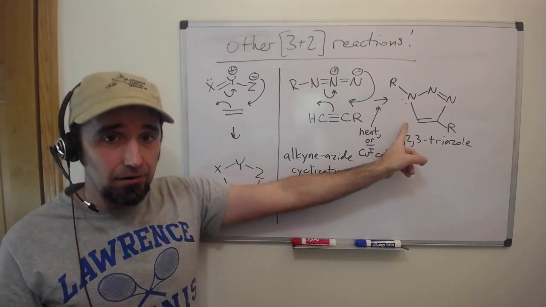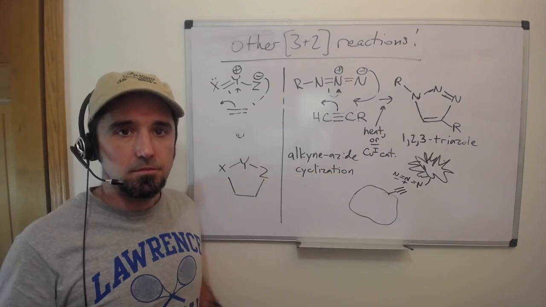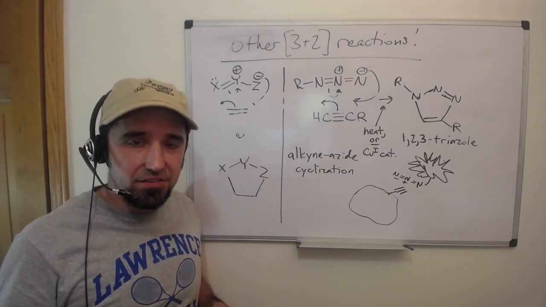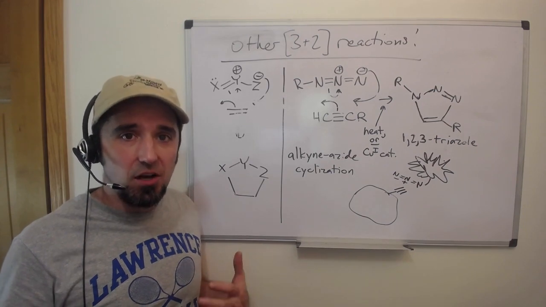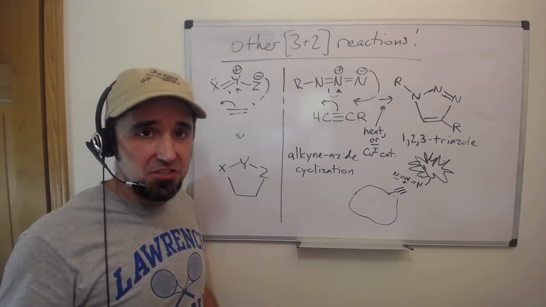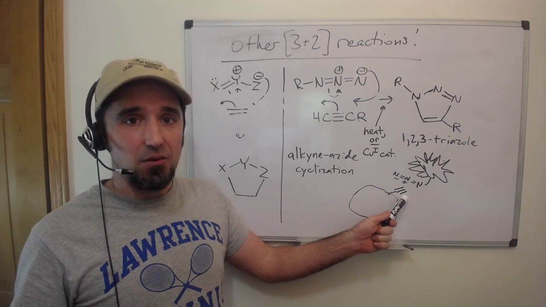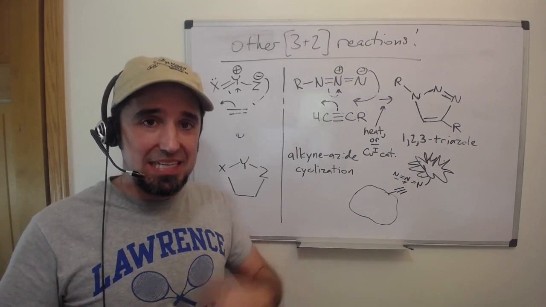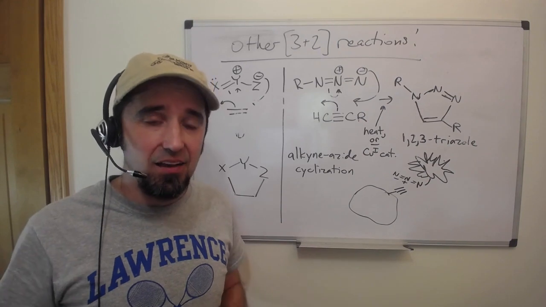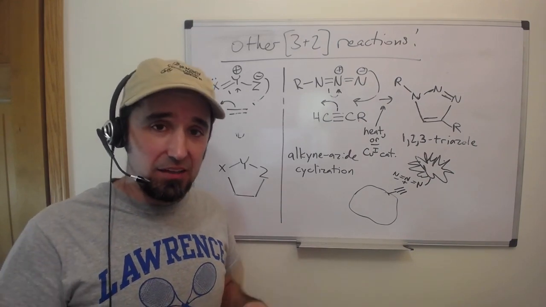It's an aromatic ring. So let's say I've engineered some part of a cell, some organelle, or maybe even just some protein target. I've engineered it to express some kind of alkyne side chain. And let's say I've got some dye molecule, some fluorescent dye, or something that will light up like luciferin.